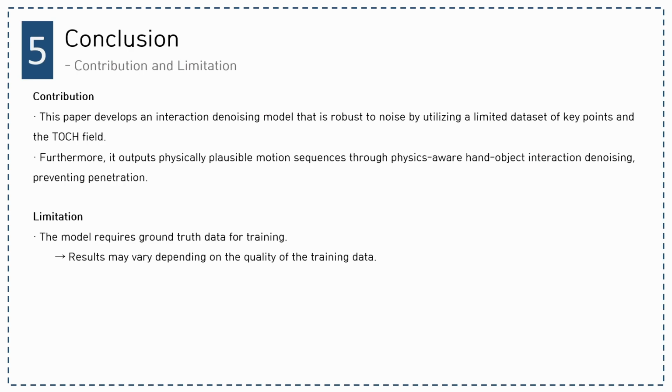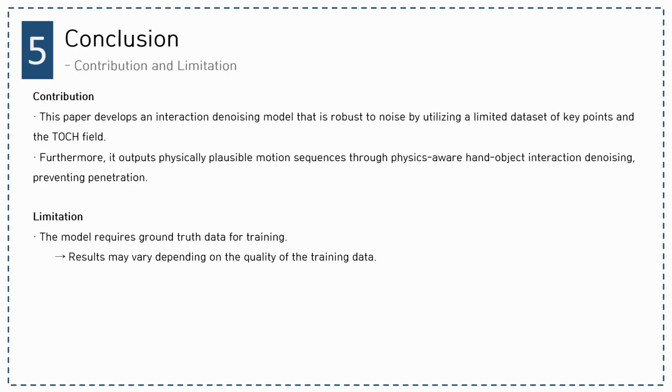In conclusion, I have summarized the contribution and limitations. This paper developed an interaction denoising model robust to noise using limited data such as key points and TOC field. Furthermore, it achieved physically plausible motion through physics-aware laws, preventing penetration.